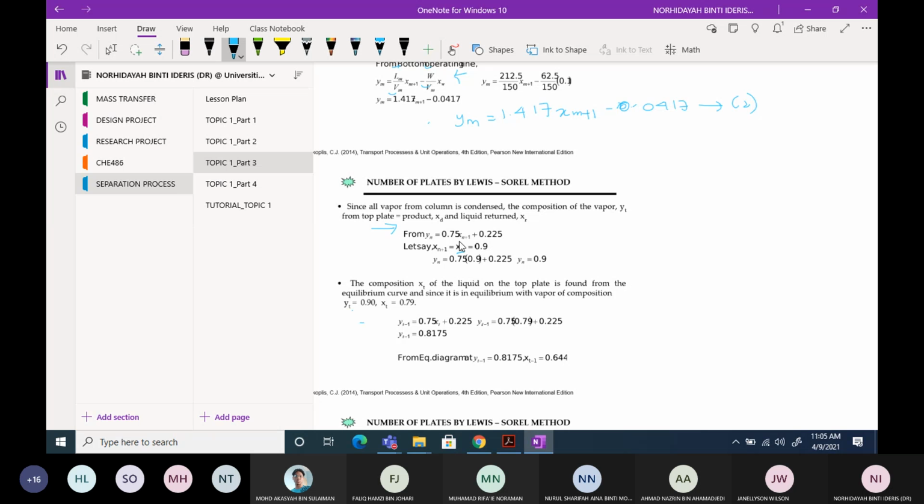We start here by taking the value of Xn+1, which is similar to XD. When you put the value of XD, 0.9, inside this equation, that will give you the value of Yn, which is 0.9.